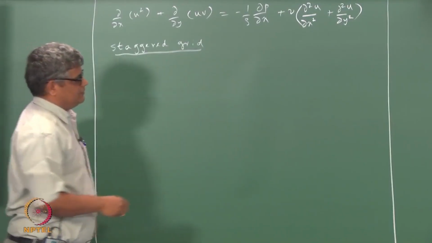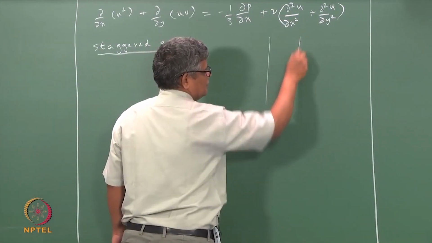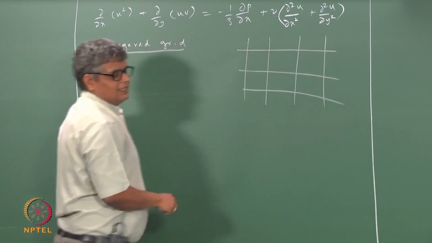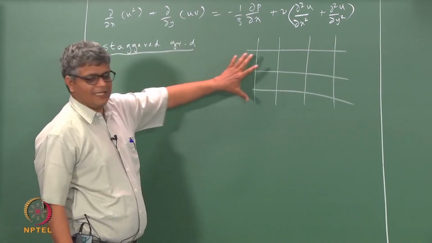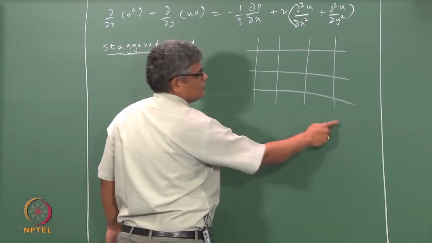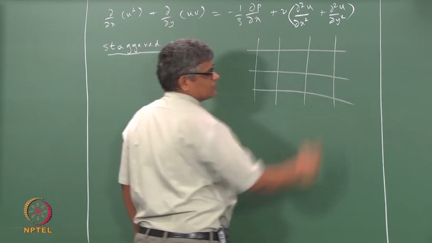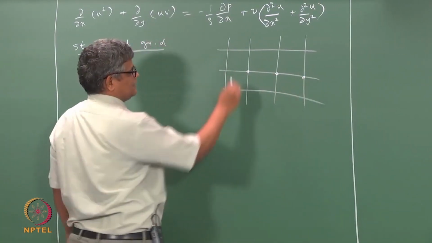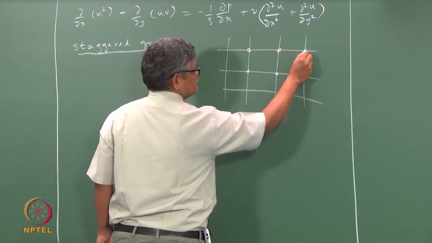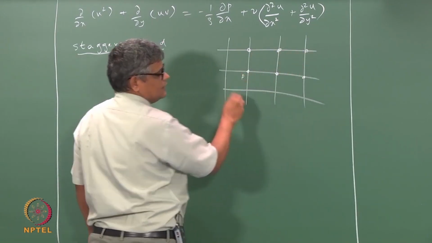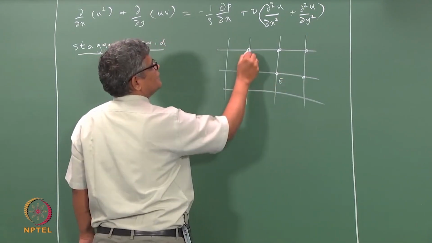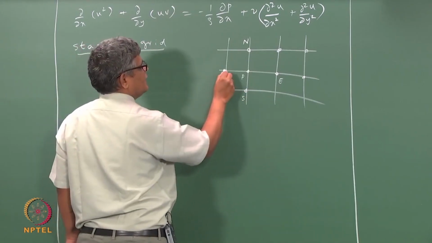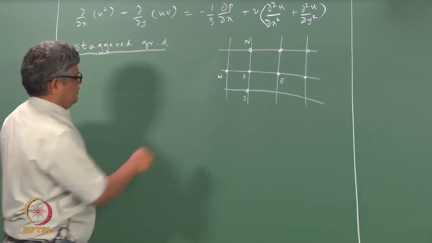The staggered grid that we have looked at: these are the ijk lines. So, you have I plus 1, I minus 1, j plus 1, j minus 1, and it is at the centers of each of these that pressure is evaluated, and so we can call this P, and to the east of this you have capital E, and to the north of this you have capital N, and here you have capital S and capital W. Okay.